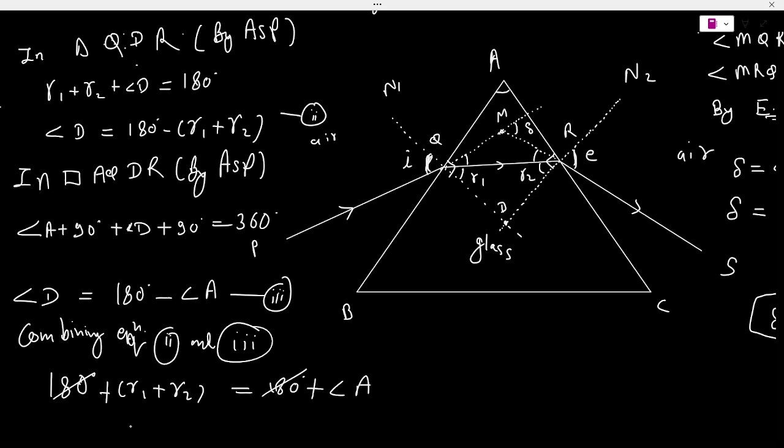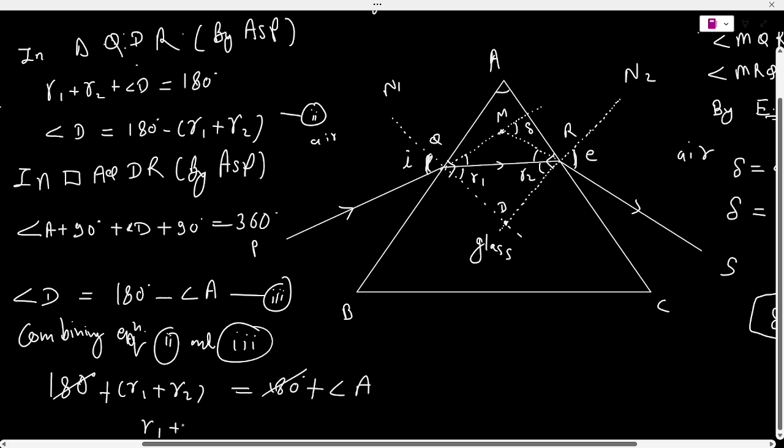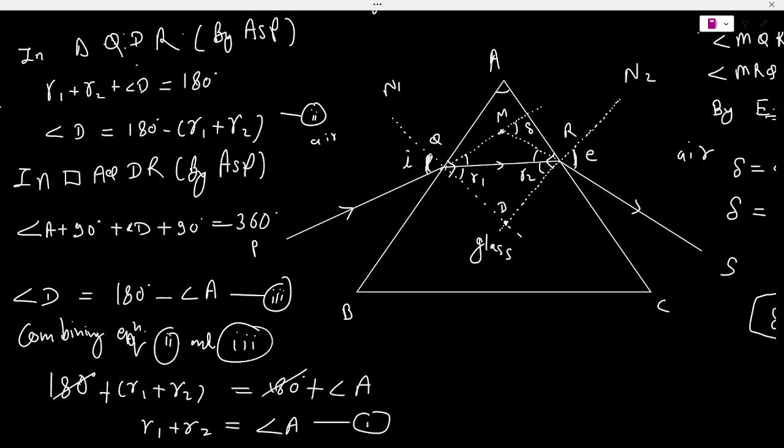So we have R1 plus R2 equals angle A. This is equation number 4. So we got the relation between R1, R2 and angle A. Now we have to put equation 4 in equation 1, so we are combining equation 4 and equation 1.